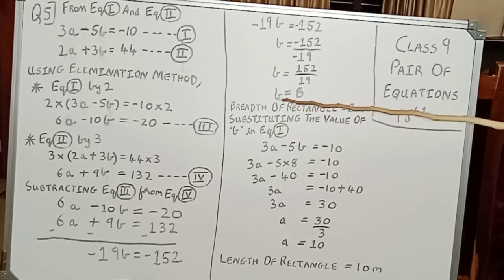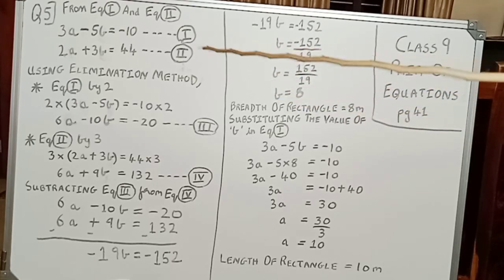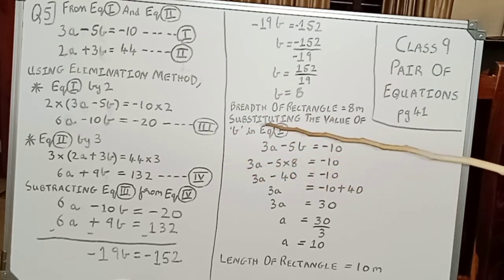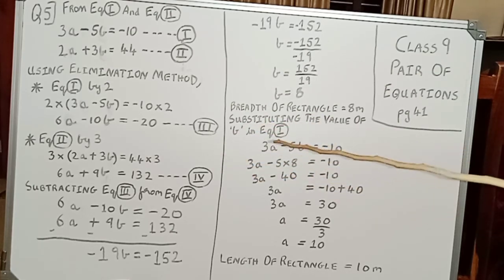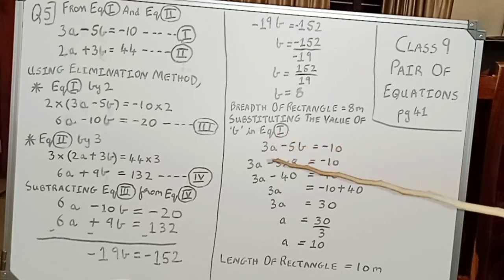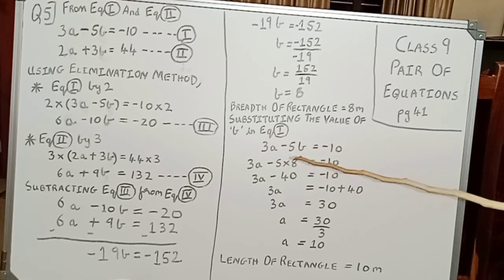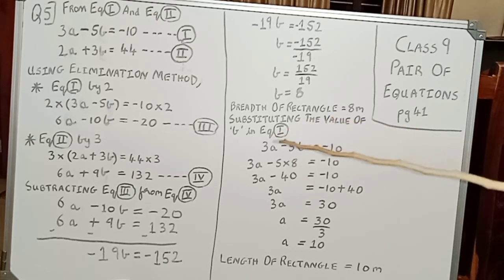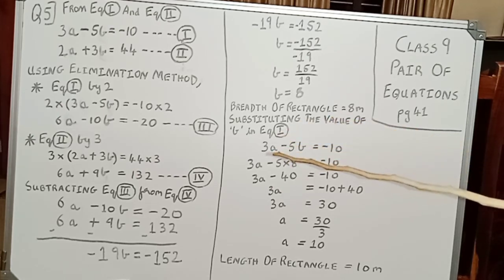Now this b you have to substitute in equation 1, 2, 3 or 4, any of the equations. Substituting the value of b in equation number 1, I get 3a minus 5b equal to minus 10. This is equation number 1. Here I will be substituting the value of b. So 3a, a we don't know, we will be finding out right now.